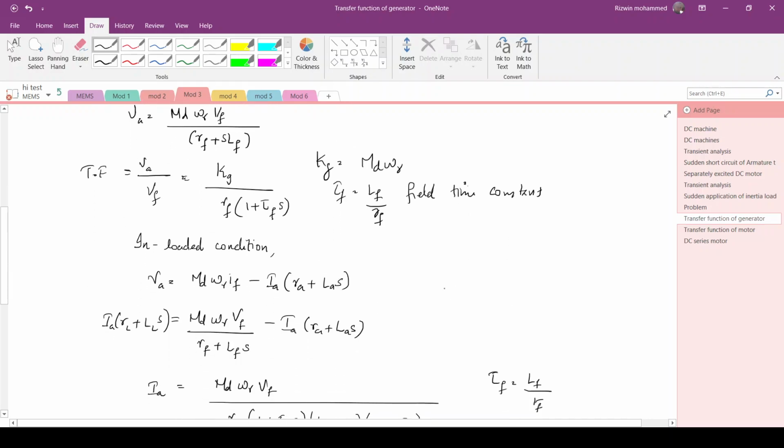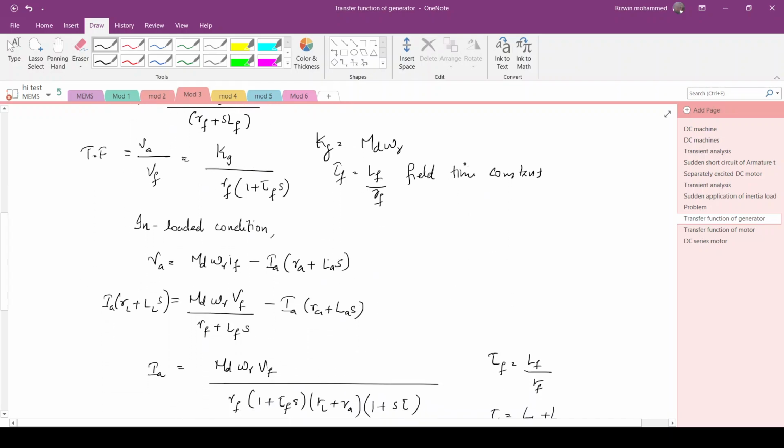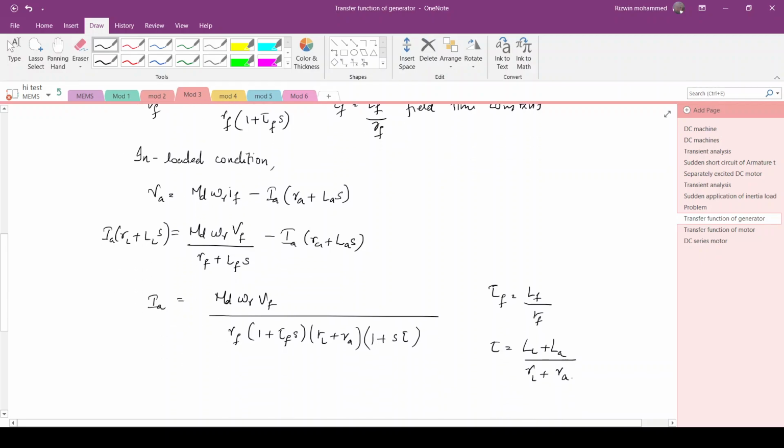If it is in a loaded condition, the output will be Ia. So we again substitute for If, and we have the equation of terminal voltage in terms of the load, (RL plus LL s) into Ia. So we can write Ia equal to Md omega r Vf by Rf into (1 plus s tau f), and here we take RL plus RA outside.